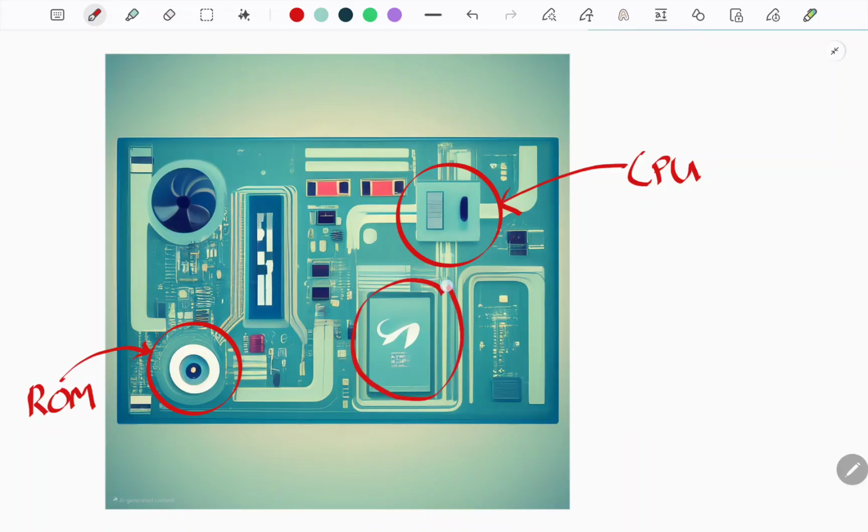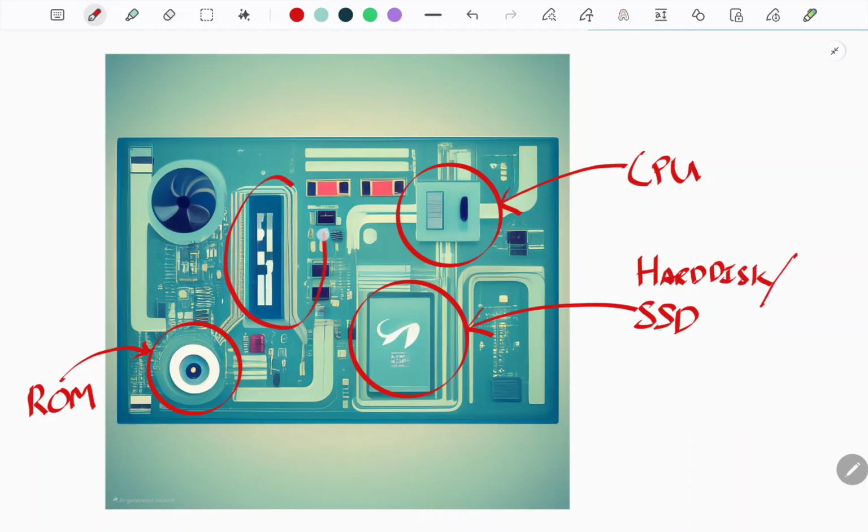We got the storage over here. We had the SSD, the hard disk. We got the RAM over here.